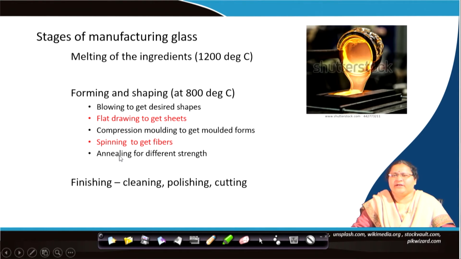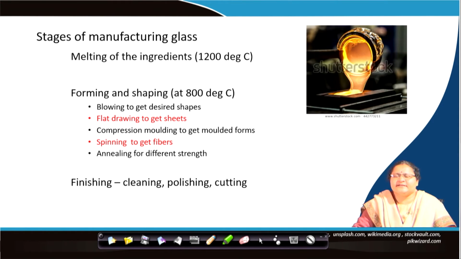One is by blowing, one is by flat drawing, next is compression molding, then spinning to get fibers, and another is annealing to get different strengths. If we see one by one, in blowing you can get the desired shape, and the glass has to be allowed to cool in that particular shape, and then that becomes the item of the specific shape.